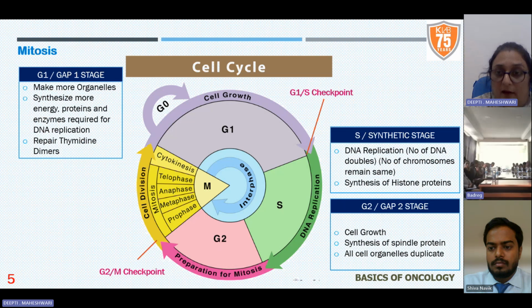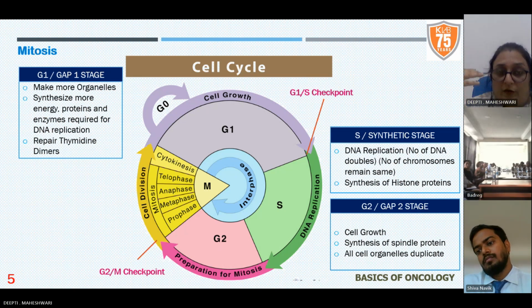But the other cell organelles also have to divide and form into two cells. So how will that happen? First, the genetic matter or the DNA which has duplicated has to get divided, because one set will go to one cell and the other set will go to the other cell.